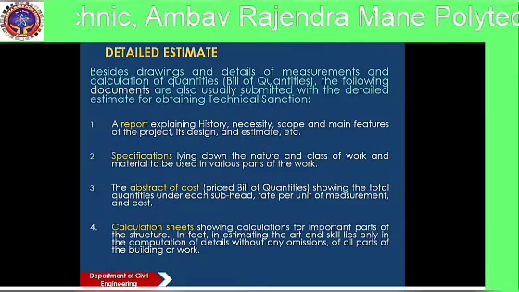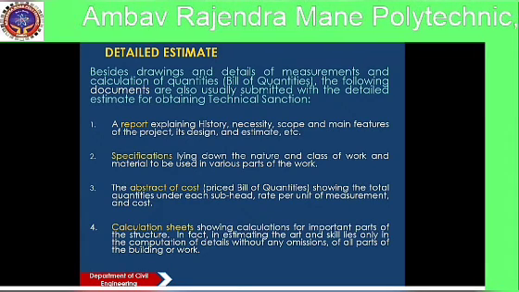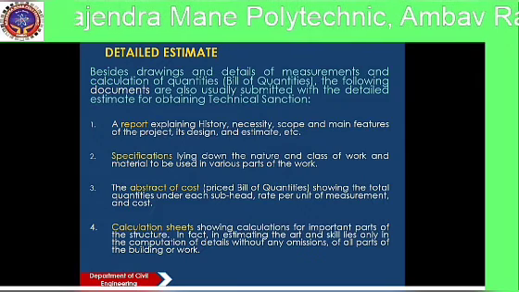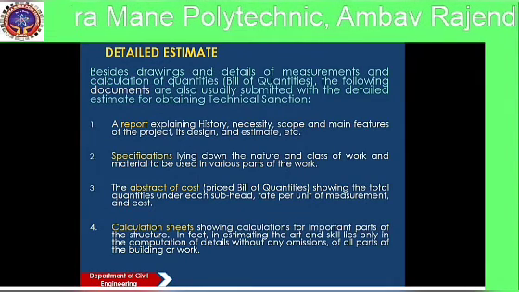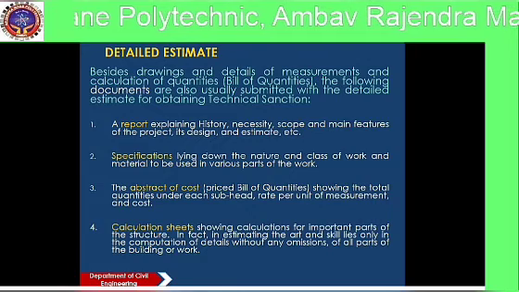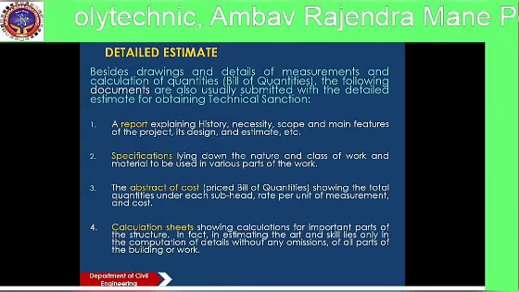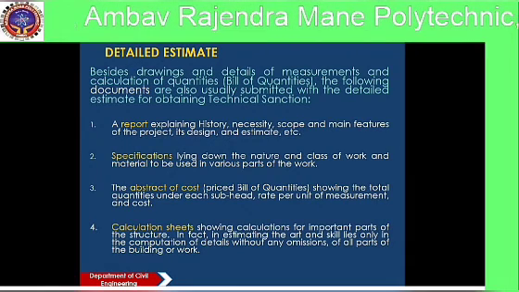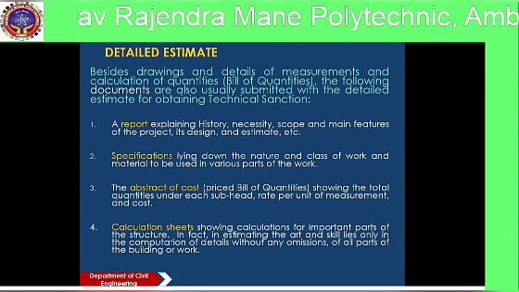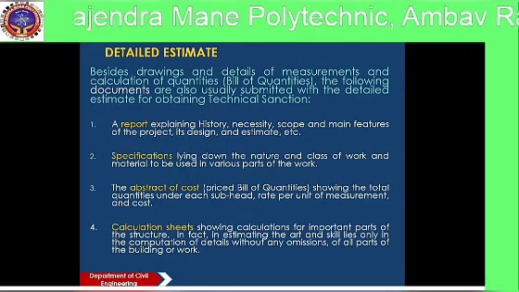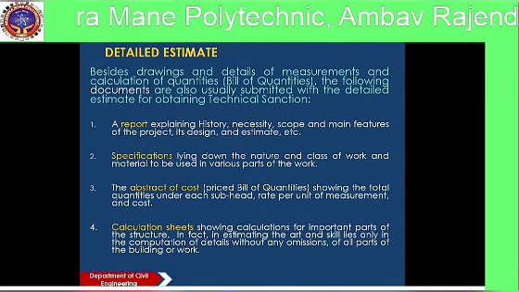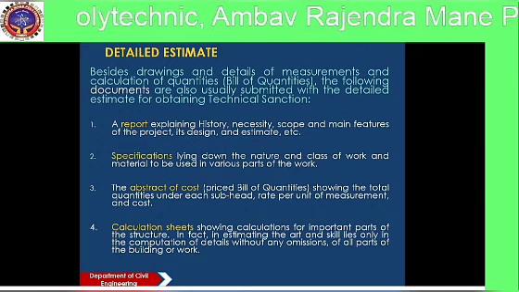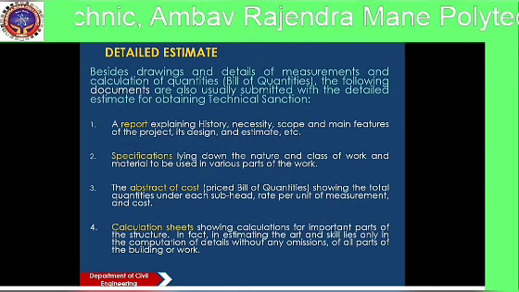Besides drawings and details of measurement and calculations of quantities, that is the bill of quantities, the following documents are also usually submitted with the detailed estimate for obtaining the technical sanction. A report explaining history, necessity, scope, main features of the project, its design and estimate, etc. Specifications laying down the nature and class of the work and material to be used in various parts of the work.